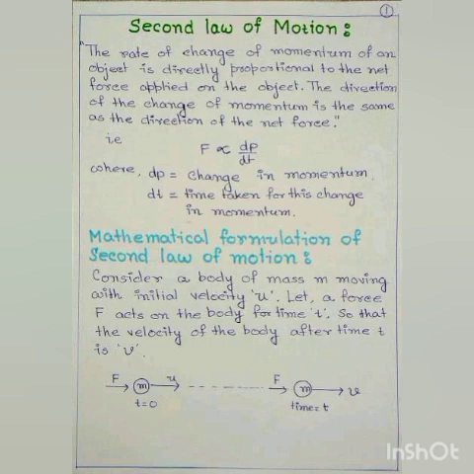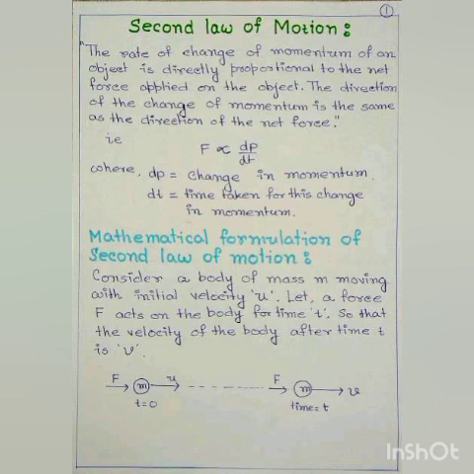Now why are we writing like this, dp by dt? Why dp and dt? Actually dp or dt is a method of representation if any physical quantity changes by a small amount.